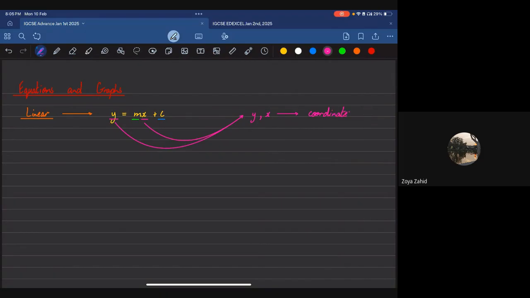What is m? m is simply defined as your gradient.